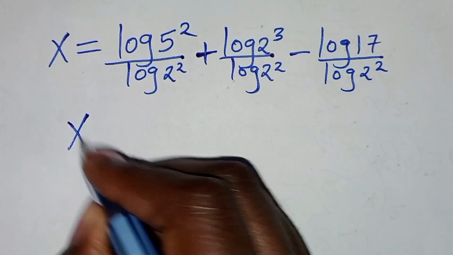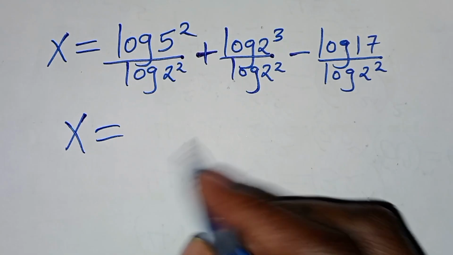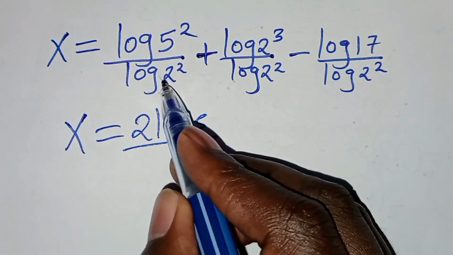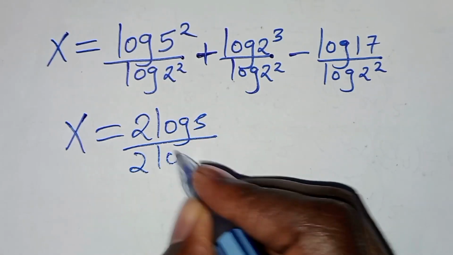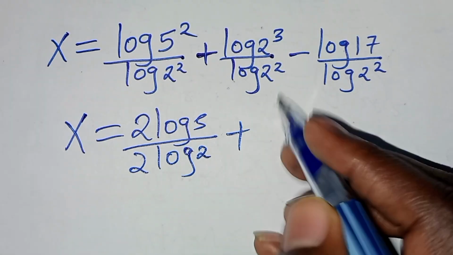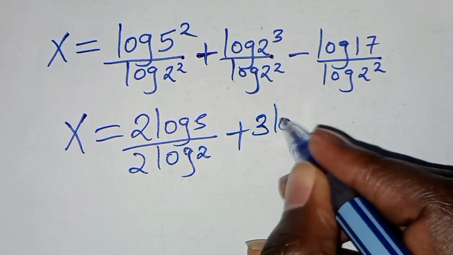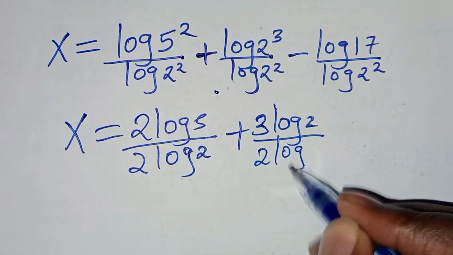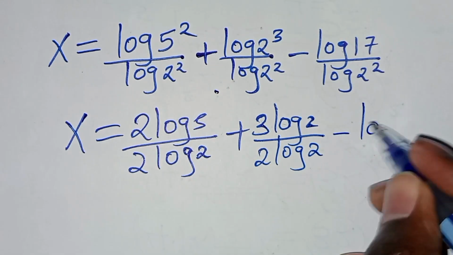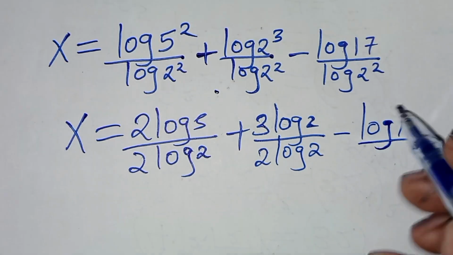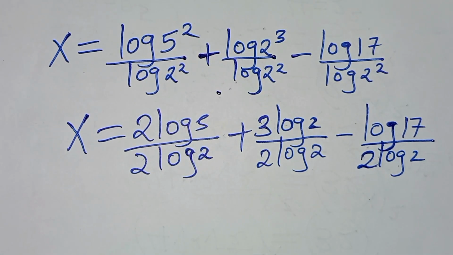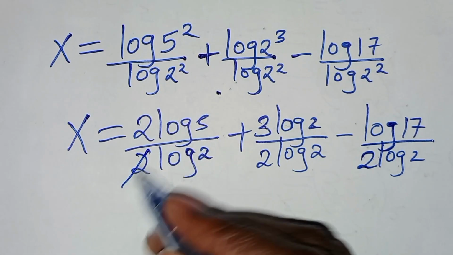Now x is equal to log 5 to the power 2, which can be expressed as 2 log 5, divided by log 2 to the power 2, which can be expressed as 2 log 2, plus log 2 to the power 3, which can be expressed as 3 log 2, divided by log 2 to the power 2, which is 2 log 2, subtract log 17 divided by log 2 to the power 2, which is 2 log 2. Now let's simplify by 2.